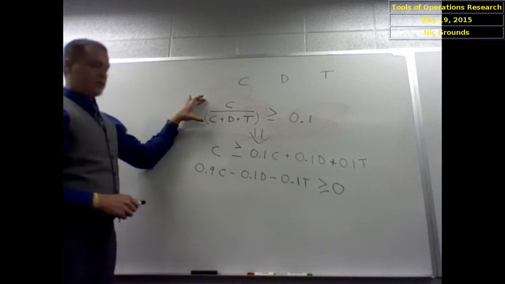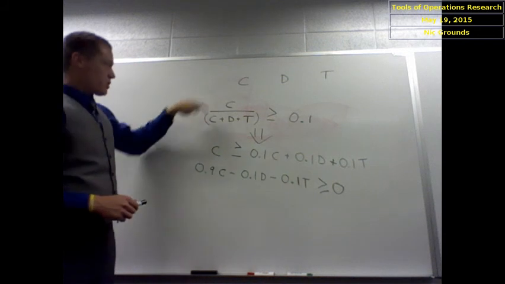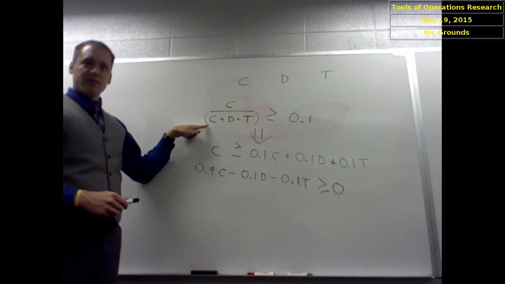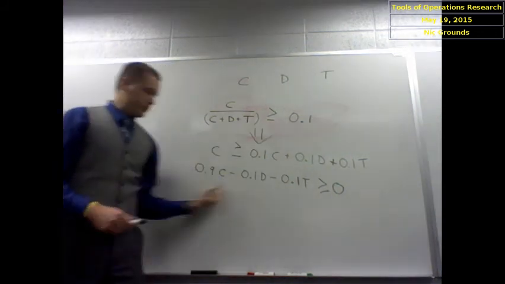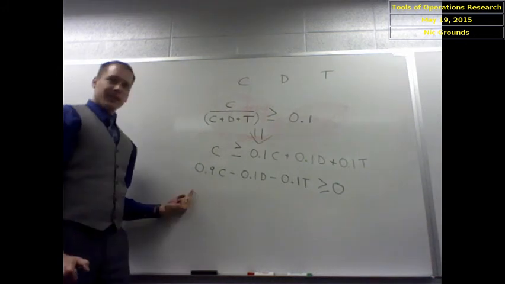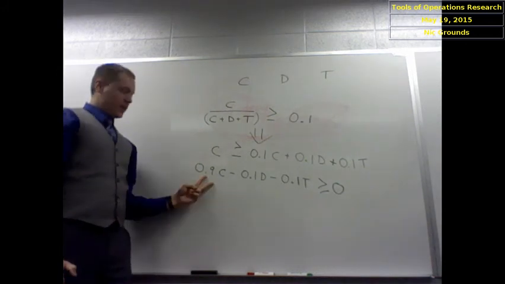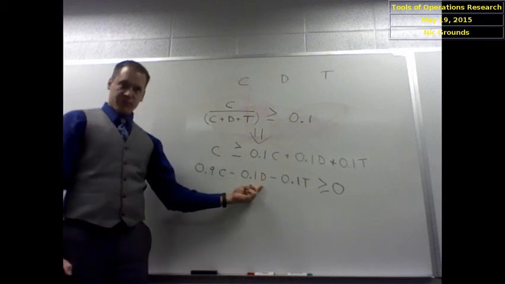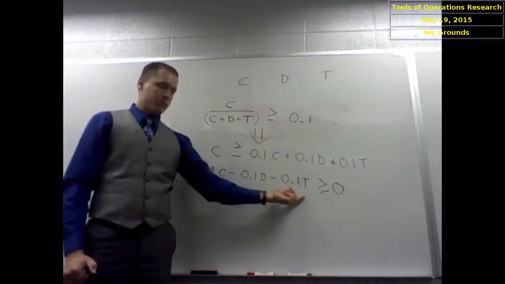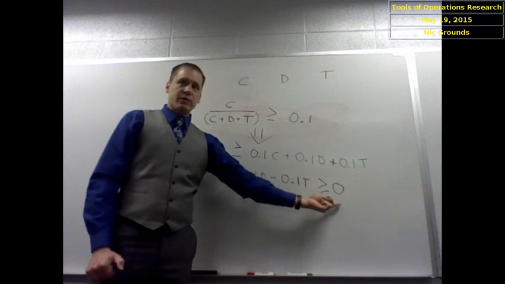So we just took a constraint on the proportion of chairs to all other things and turned it into this less intuitive form, that says 0.9 times the number of chairs, minus 0.1 times the number of desks, minus 0.1 times the number of tables must be greater than or equal to 0.